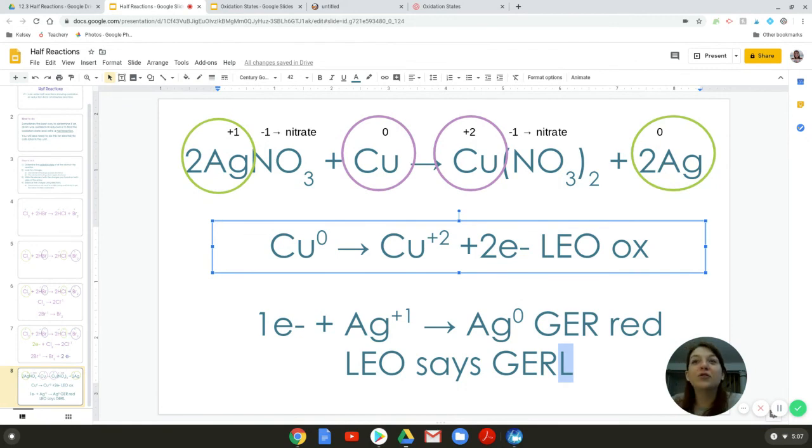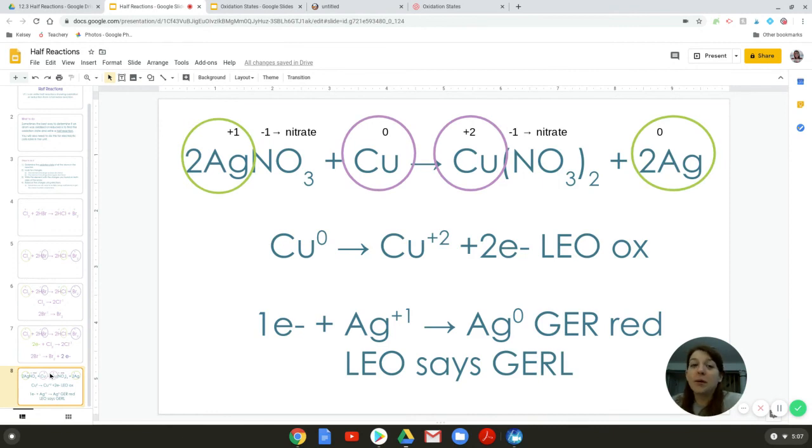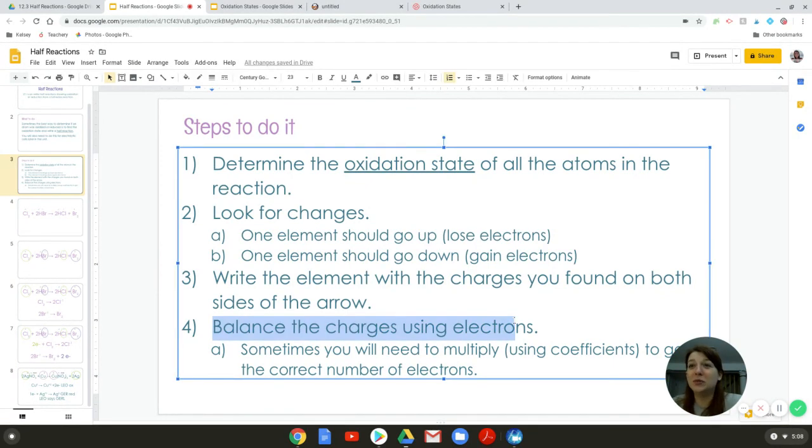Whatever. So that's pretty much it with half reactions. I gave you an example where you have negative charges. Here is an example with positive charges. If you can follow these steps, the only real new part should be step 4, which is balancing using electrons.